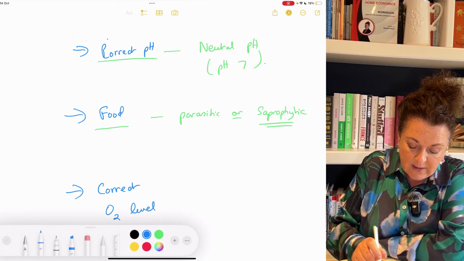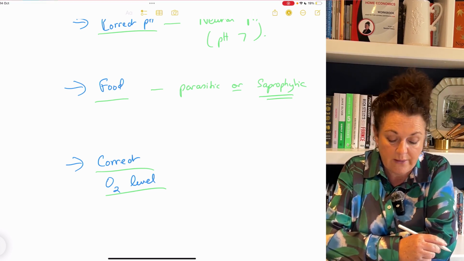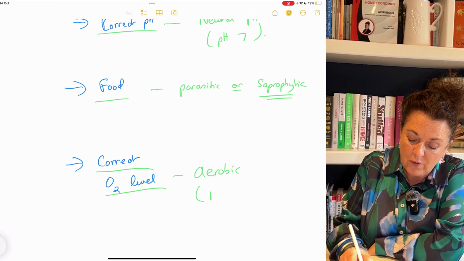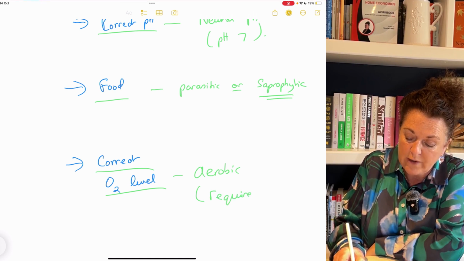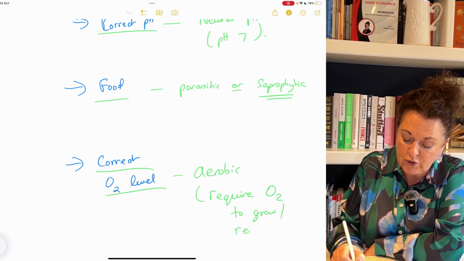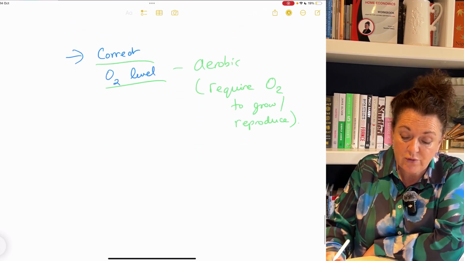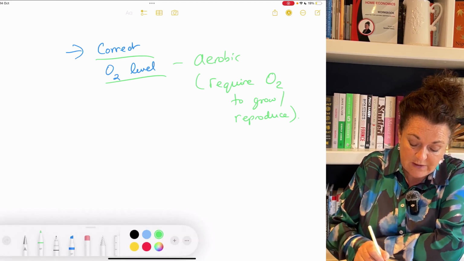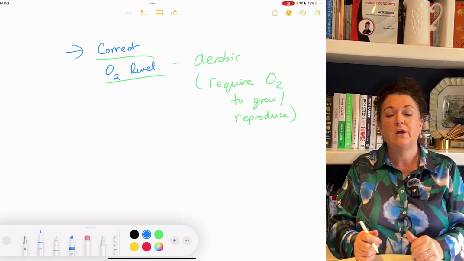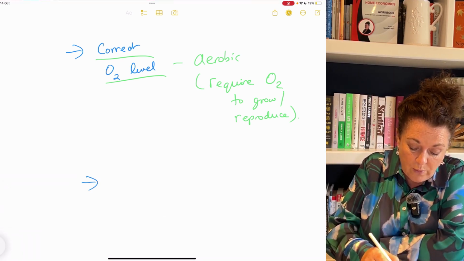And what we can say about E. coli 0157 is that it's aerobic. So it requires oxygen to grow or to reproduce. A higher level student would be expected to give this level of detail. You can't just say for requirements for growth, food, warmth, moisture, correct pH, correct oxygen level. You have to be specific.